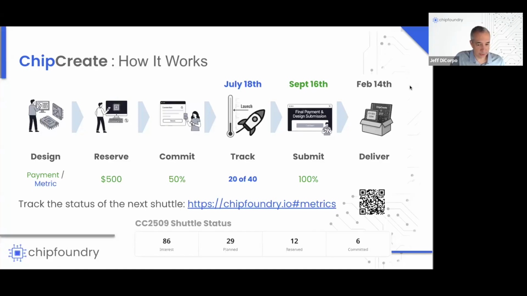There's a link shown here that will take you directly to the metrics section on our homepage. Once confirmed, you will be required to provide the balance of the payment within 14 days prior to the shuttle deadline. And then your parts and boards are delivered approximately 5 months from the submission deadline. For the September shuttle, that is in February.